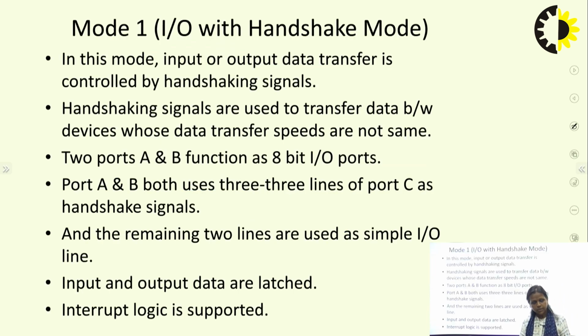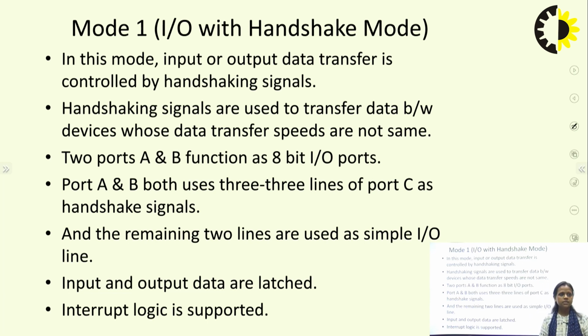Now coming to mode 1, which is input output with handshake mode. In the previous mode the handshaking signals were not included, but mode 1 is a handshake mode, and in this mode input or output data transfer is controlled by handshaking signals. So what are handshaking signals?